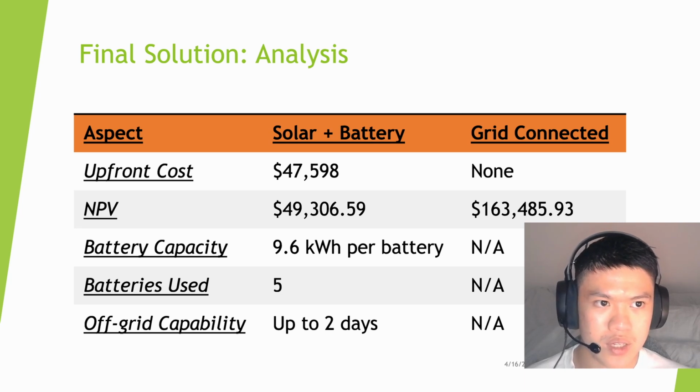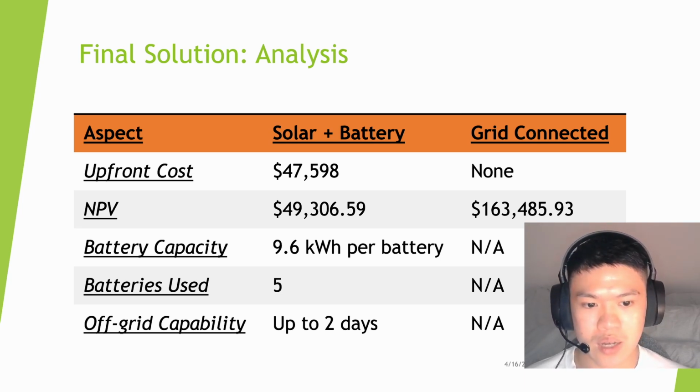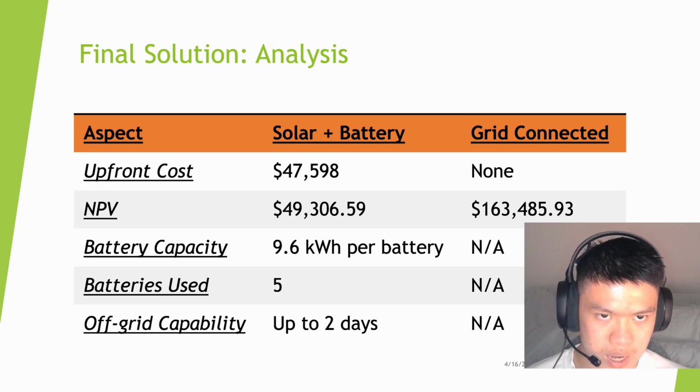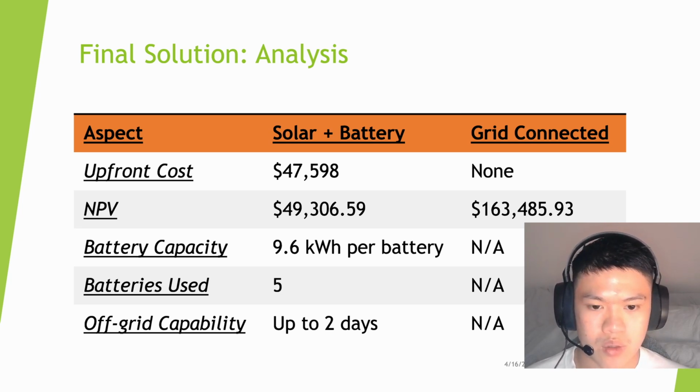But on the other hand, we can see that the NPV of the grid connected is $163,485.93. Even though it has no upfront cost, in the long run it will cost the client more as we projected a 5% increase of energy price every year. Therefore, the solar panel system with battery is the long-term cost-effective choice for the client from an economic standpoint.